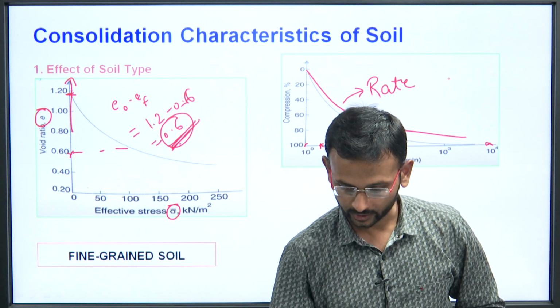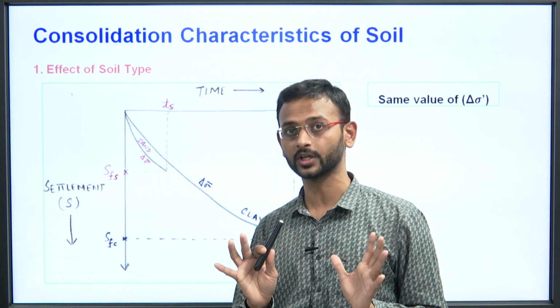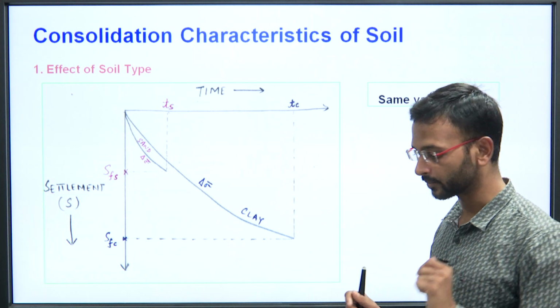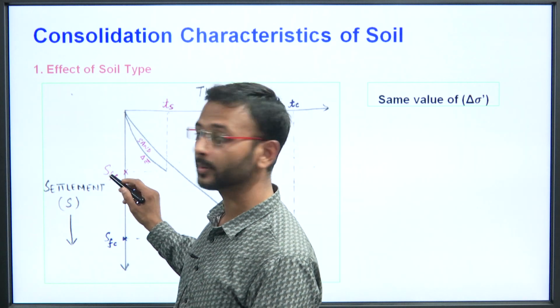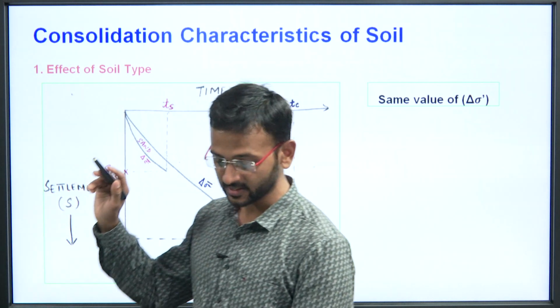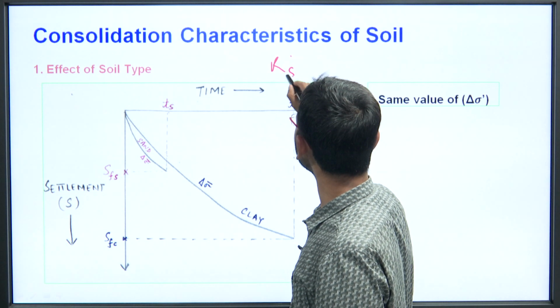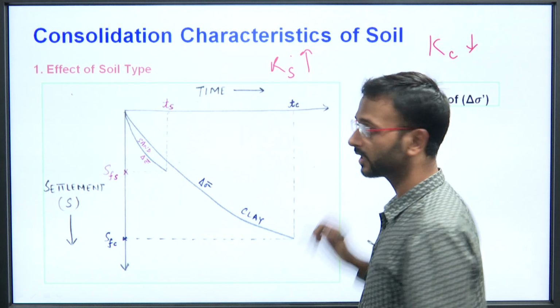Now see one more important thing, we are combining the rate of settlement and the settlement. You know that the permeability of the sand is somewhat more, K of sand is high, and K of clay is very much less here.